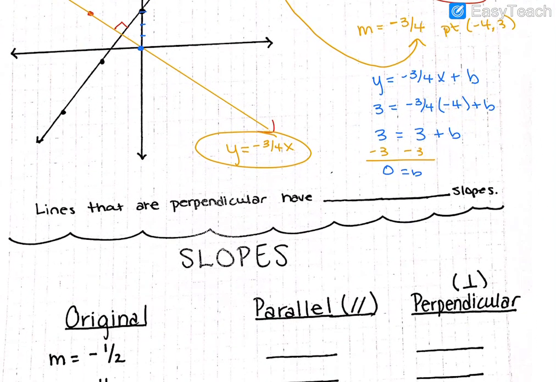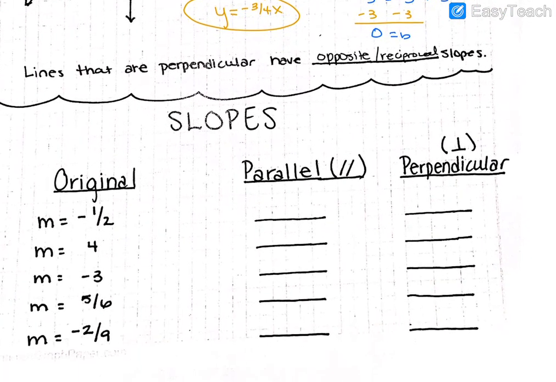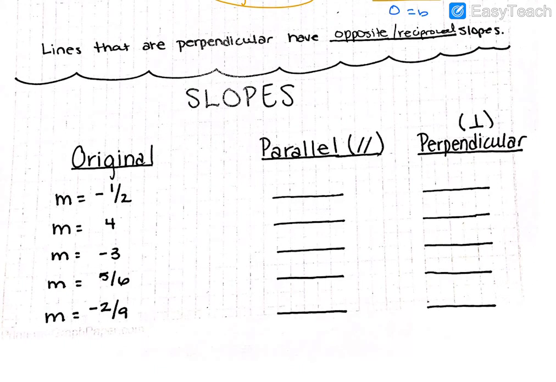All right, so scrolling down, it says lines that are perpendicular have, and we need to write in there, opposite reciprocal slopes. So we're going to practice this. On Friday, you guys practiced slopes of parallel lines.